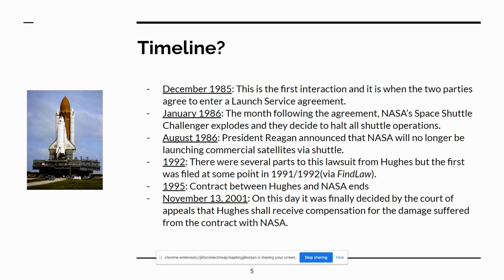The one that we're looking at is the final one, where the decision was made. So in 1995, the contract officially ends between Hughes and NASA, and the next date is November 13th, 2001. That was the decision date when they finally announced that Hughes shall receive compensation for the damages that NASA caused through the contract.